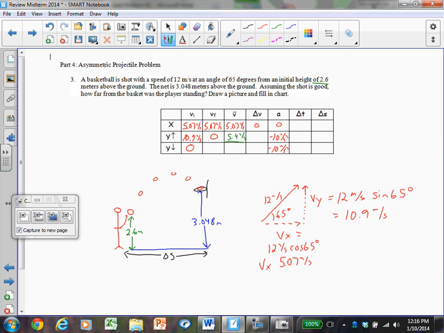VF, or delta V, is VF minus VI, which is minus 10.9. Delta T would be delta V divided by A, or 1.09 seconds. Everybody follow how I got that?